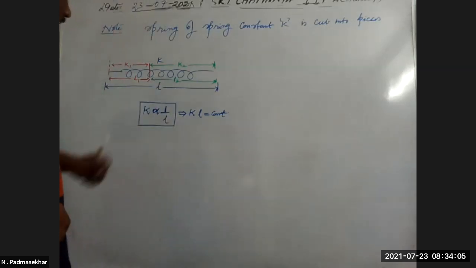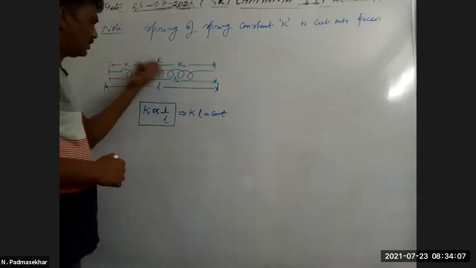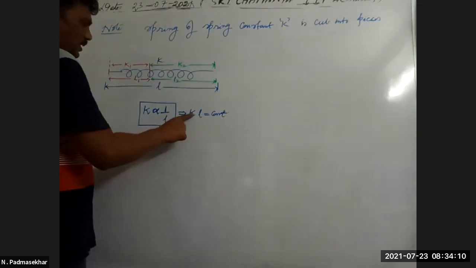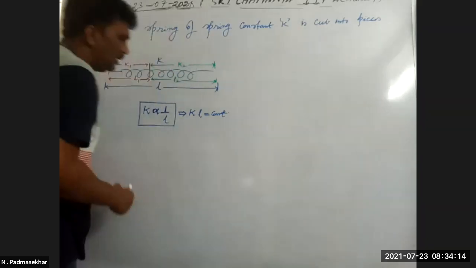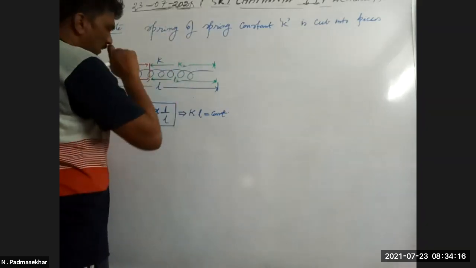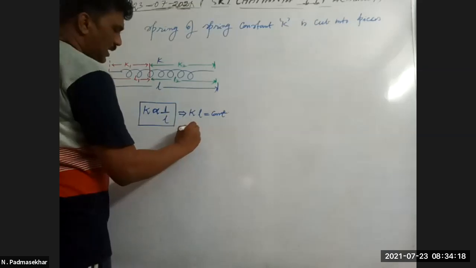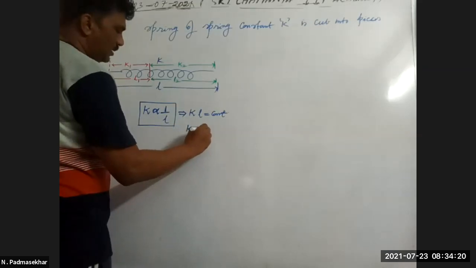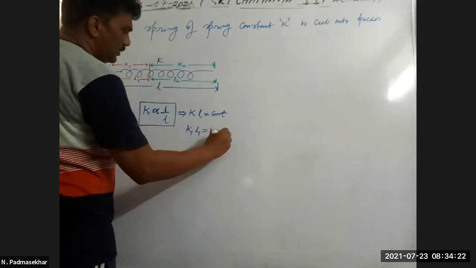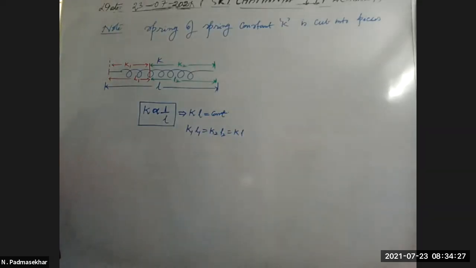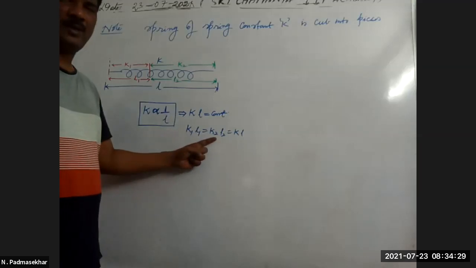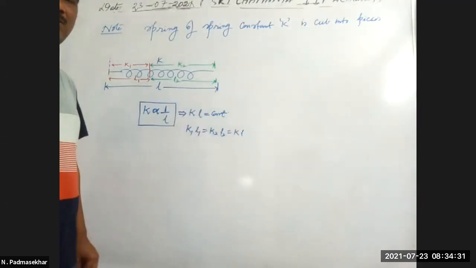So now we can write that KL is a constant. What is the meaning of KL is constant? It means K1 L1 is equal to K2 L2, and that is equal to KL also.